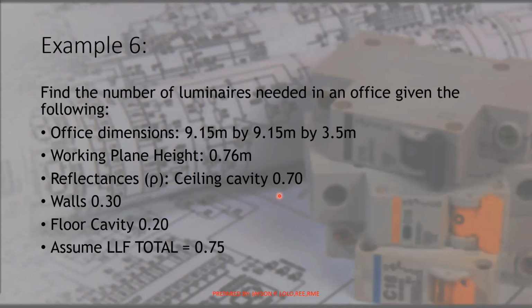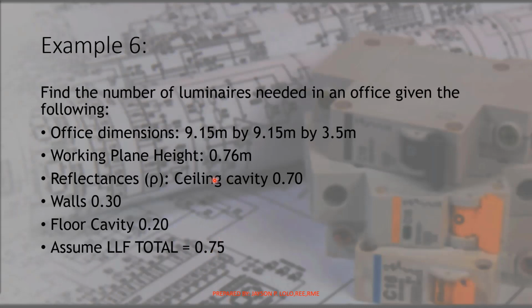Remember that we have ceiling cavity 0.70, walls 0.30, then floor cavity is 0.20. Okay, so overall, for the reference of everybody, we will use 0.20. Then assume LLF total, which is 0.75.